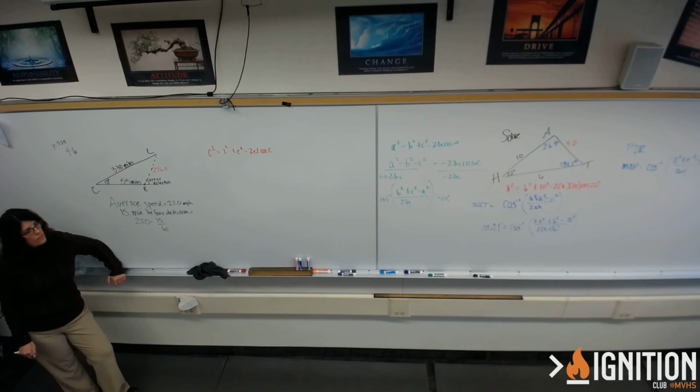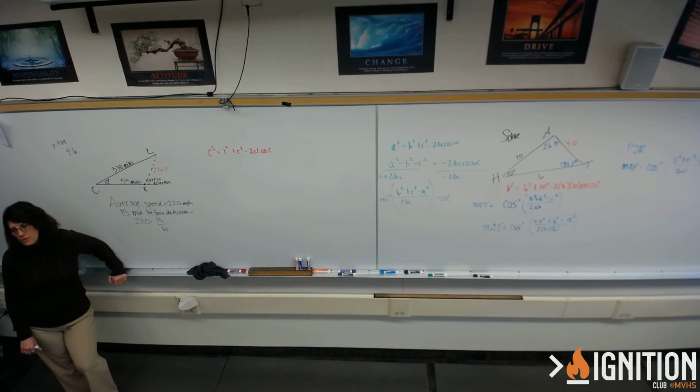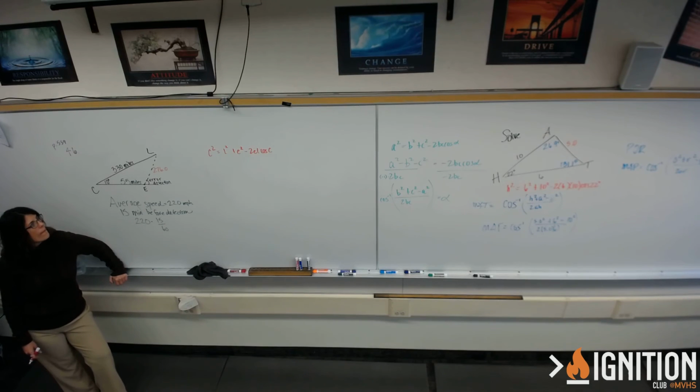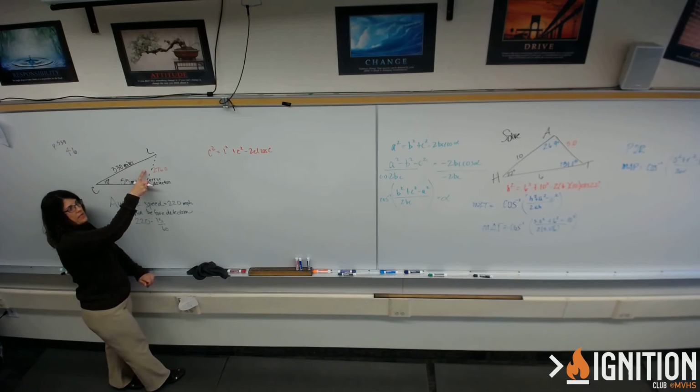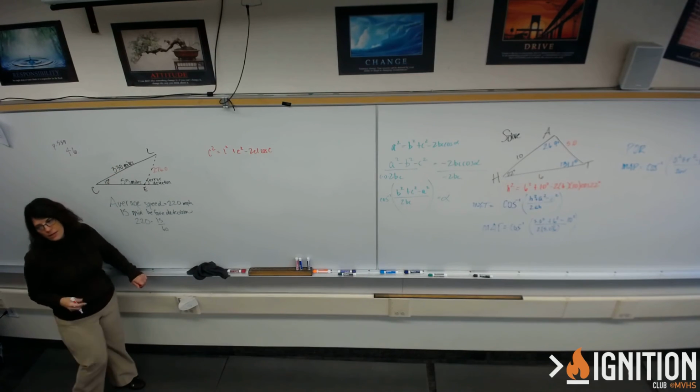You can use the law of sines if you want to shortcut it, although you don't really need angle L. You could do sine of 10 over 276 equals the sine of angle LEC over 330.